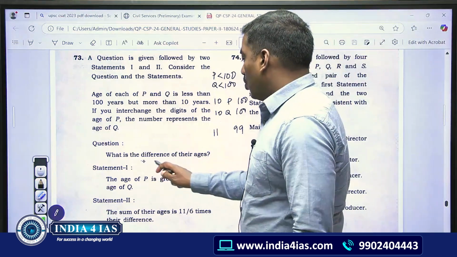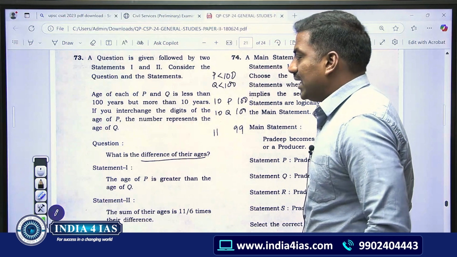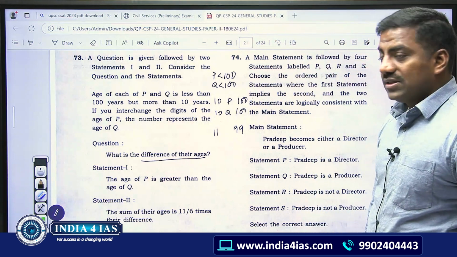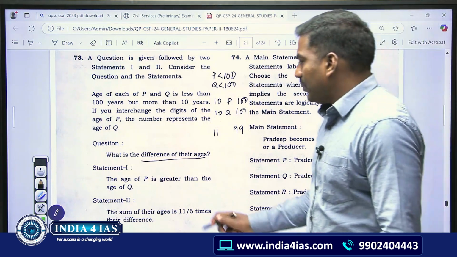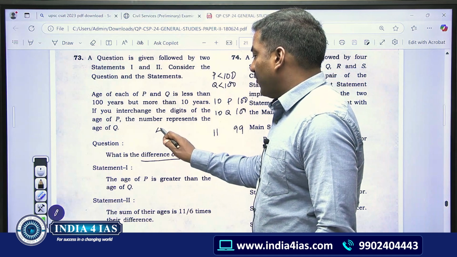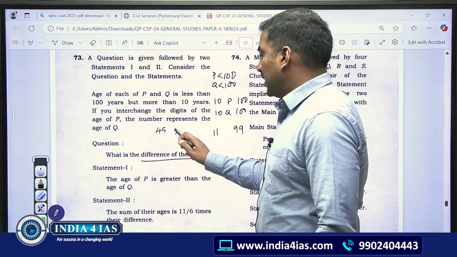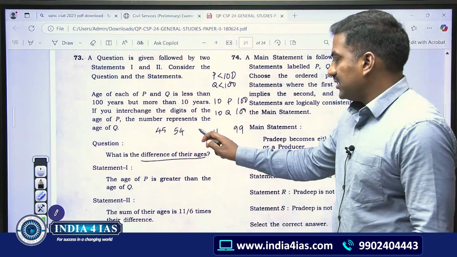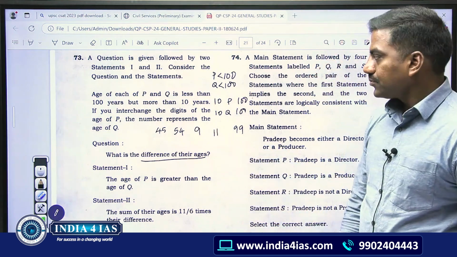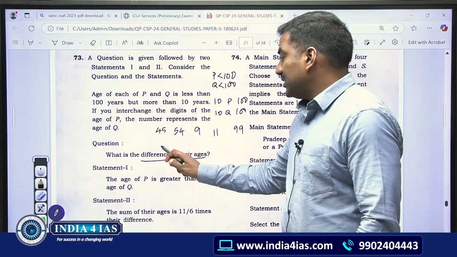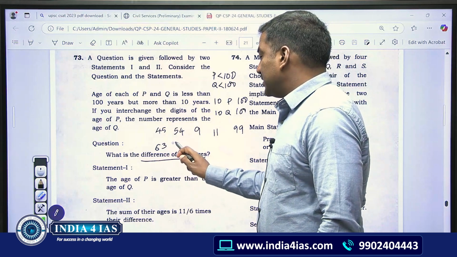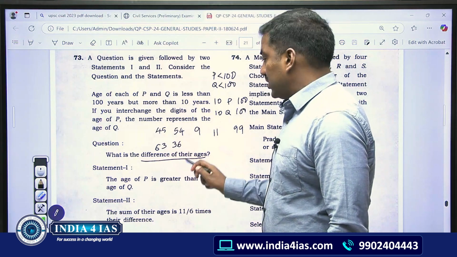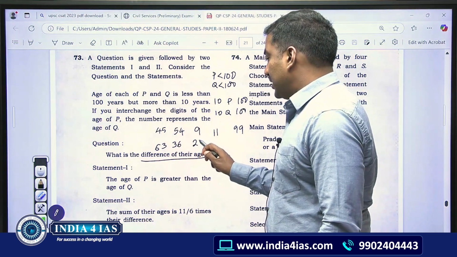Now, what is the difference of their ages? They are asking what is the difference of their ages. For example, I'll take one's age as 45. If you reverse it, the other age will be 54. So the difference is 9. Then, if one's age is 63, the other's age is 36, and the difference is 27.